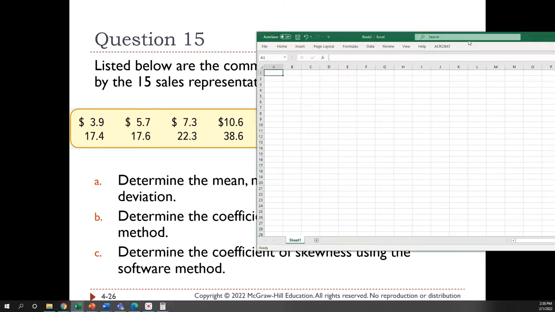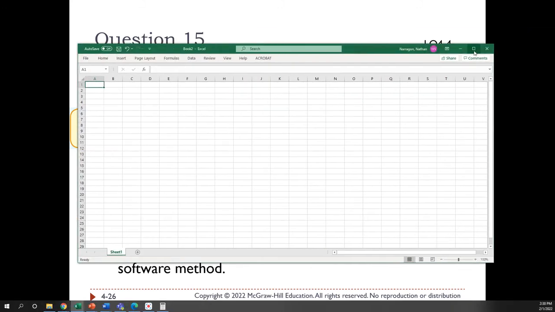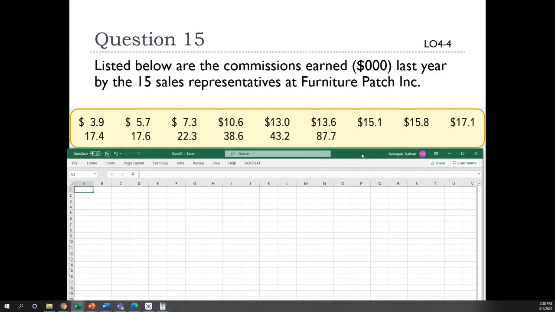So out comes Excel. And we're going to put in our numbers. 3.9. And 15.8, 17.1, 17.